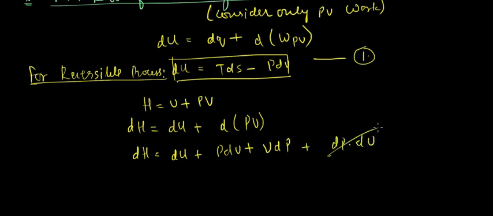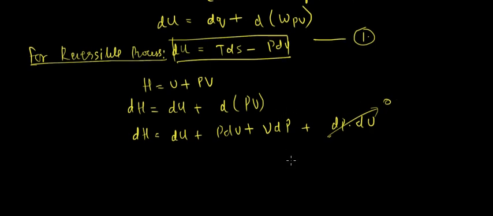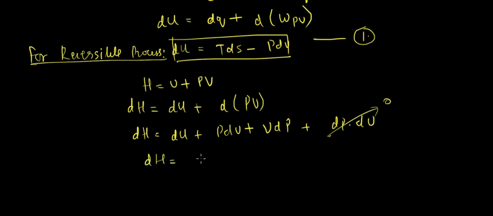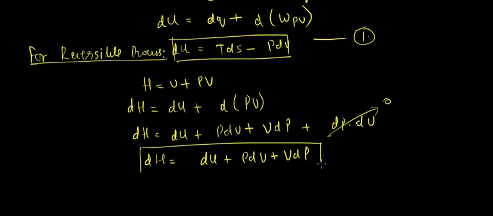As dP and dV both are negligible terms, dP dot dV would be more negligible, hence we are considering this product as 0 itself. So we can write that dH would be equal to dU plus PdV plus VdP. So this is our second equation.